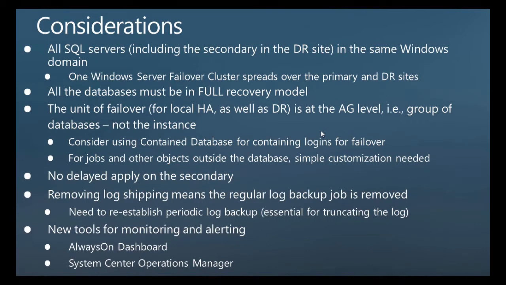If you have any agent jobs or other regularly scheduled things, a simple customization is probably needed after the failover. Another thing you can do is, when you write these jobs, always check to see if the current replica is the primary.